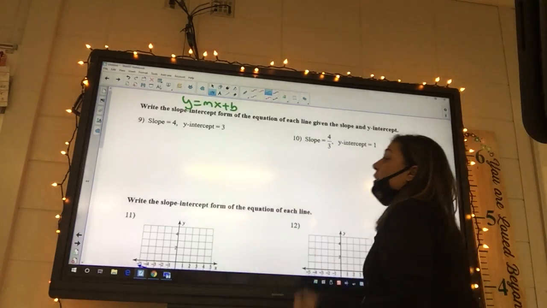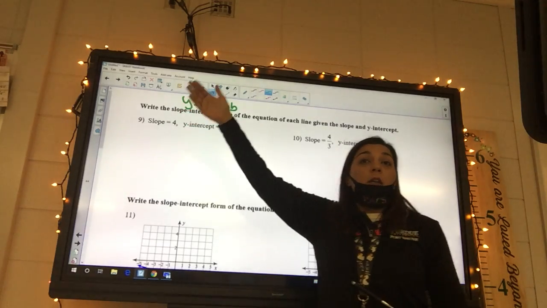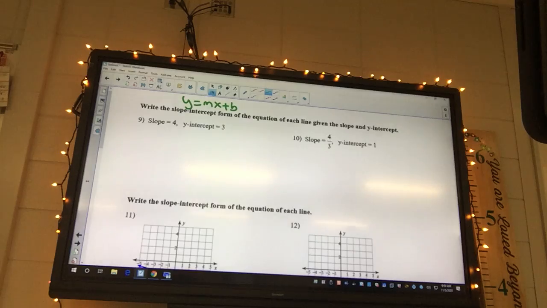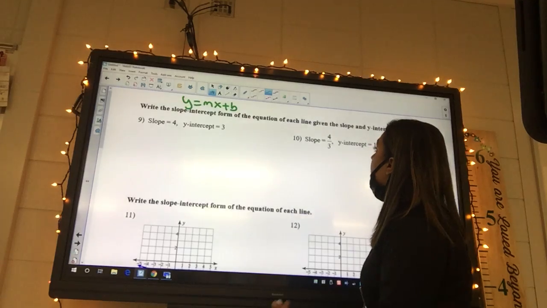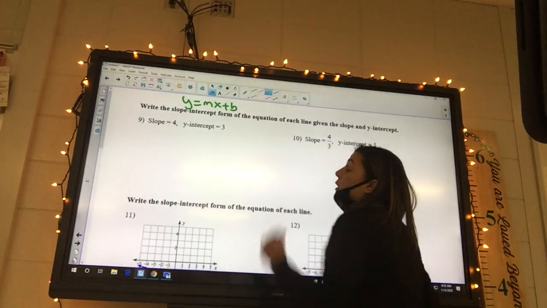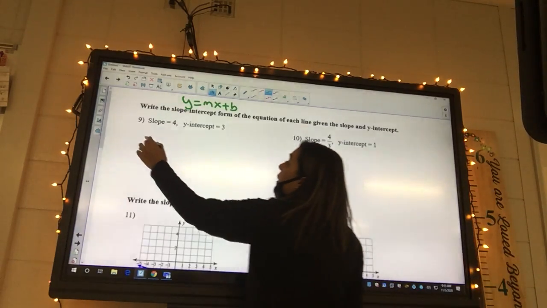This is why I write up above every single time what my stuff should look like. I have the title right there, and I have the formula right there, and that lets you know when to stop. When to stop is when y is all by itself. So write the slope-intercept form of the equation. We have a slope and we have a y-intercept, so this one's just a matter of plugging the stuff in.